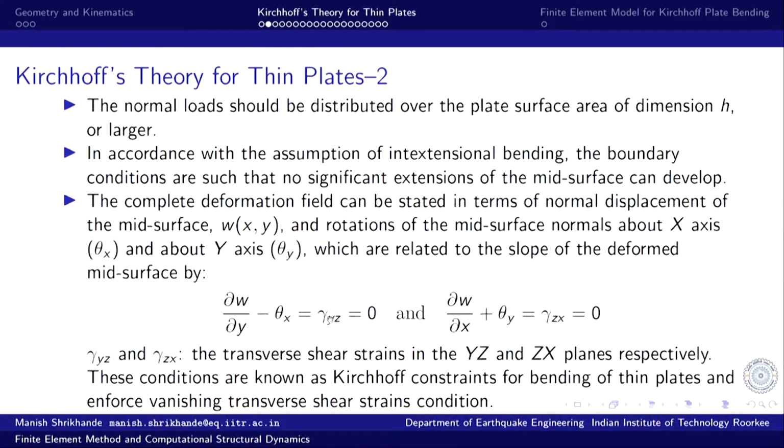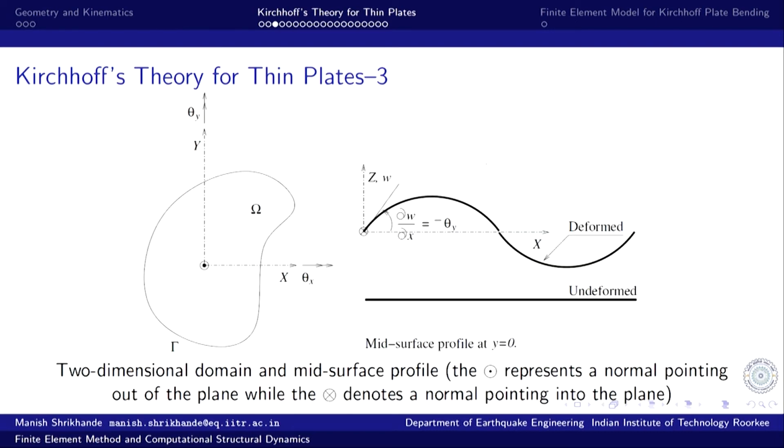So, gamma yz and gamma zx are the transverse shear strains in the yz and zx planes respectively. The shear strain gamma yz is given by del W by del y minus theta x, that is the rotation of the mid surface normal about the x axis, and del W by del x plus theta y is equal to gamma zx, and that is also equal to 0. So, these are the shear constraints that we impose on the deformation field, and based on this we develop the geometry.